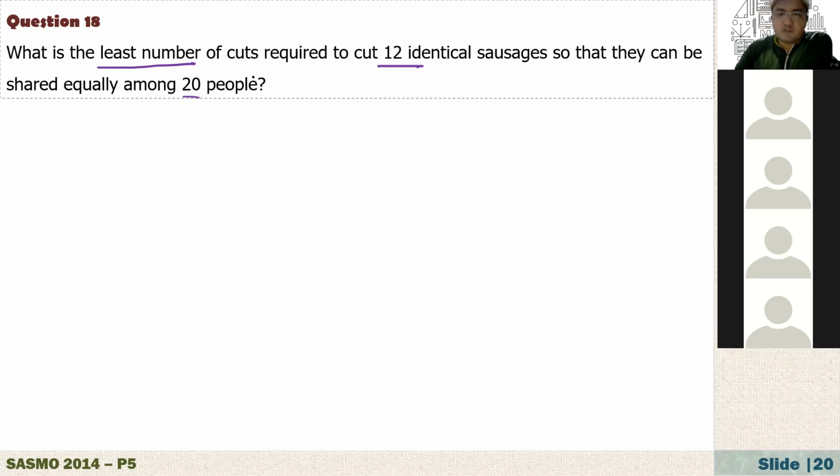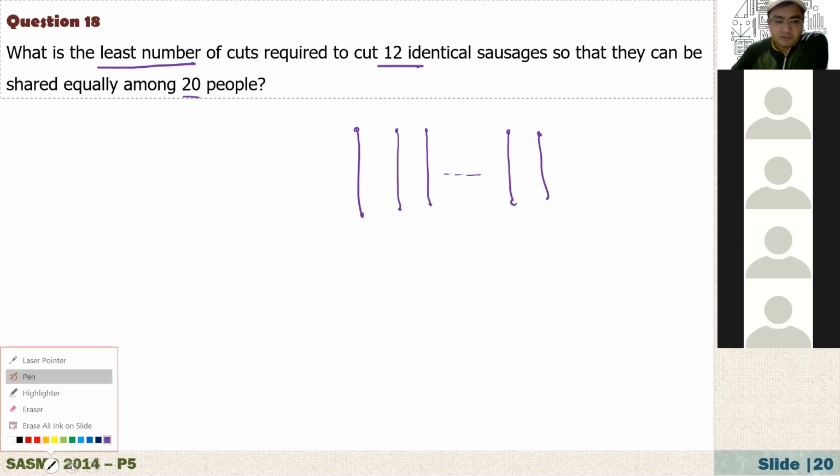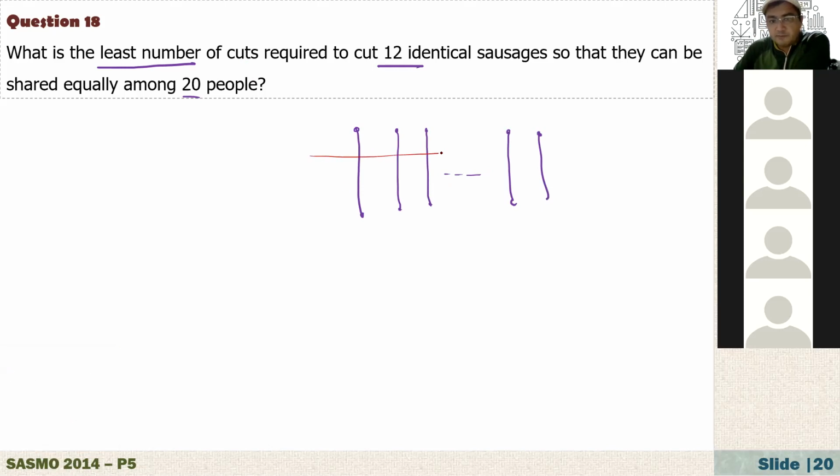So you are saying that we have 12 identical sausages, right? If you put them like this, 1, 2, 3, 4, and continue, we have more sausages. With our knife, we cut from here, number 1, then number 2, number 3 and number 4.